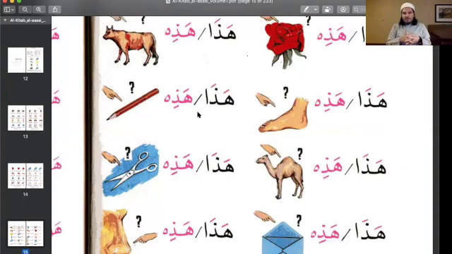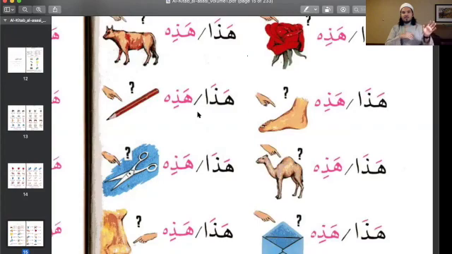In Arabic, very similar to Spanish or Italian or other Romance languages, Arabic has gendered words, right? So if I'm talking about a girl, I would say هذه. If I'm talking about a boy, I would say هذا. When it comes to objects, they also have genders, and it has more to do with memorization.